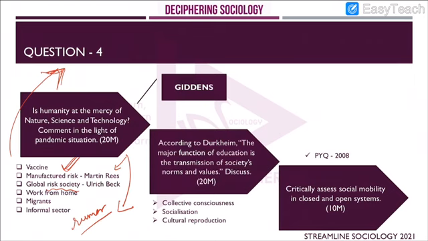Then the pandemic also affected the informal sector, the migrants, and many people relied on work from home. So we were at the mercy of technology too, because everything became online, and those organizations and educational institutions which were not used to these online sessions on Zoom, Google Meet, Teams had to suffer, and the children had to lose.